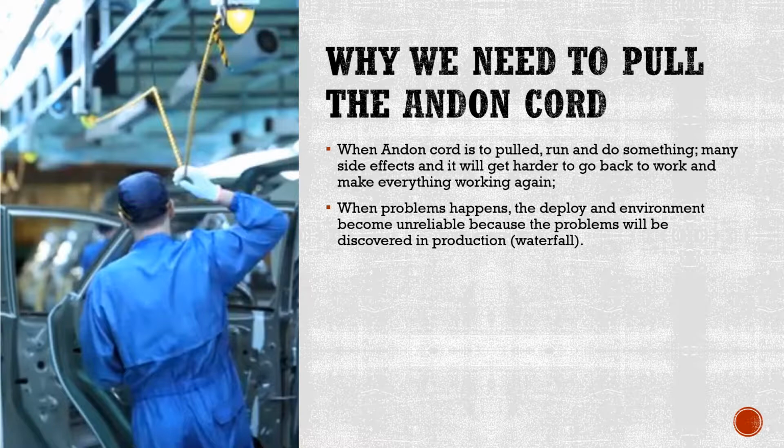Let's take a look at the importance of pulling the Andon cord. When the Andon cord is pulled, it becomes a hassle to make everything work again. The problems here are discovered in the production stage, which makes the deployment environment unreliable.